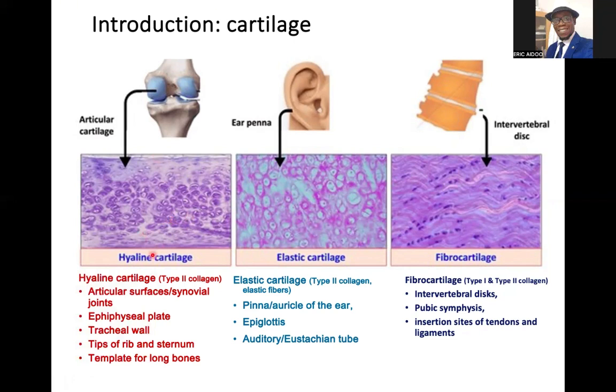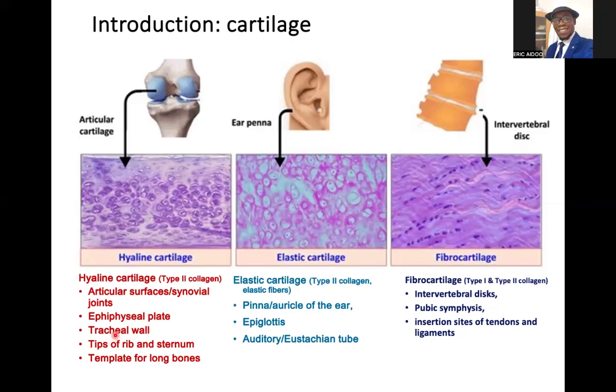For hyaline cartilage, we usually find it at the articular surfaces of bones, like this one showing the knee joint. You also have the epiphyseal plate containing some of this hyaline cartilage, which will undergo ossification if need be. We'll look at that later.